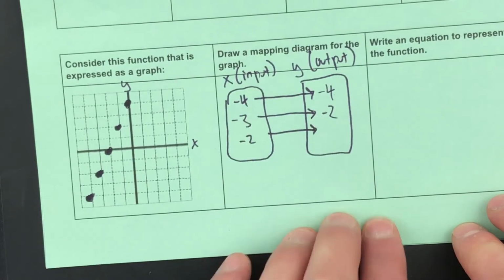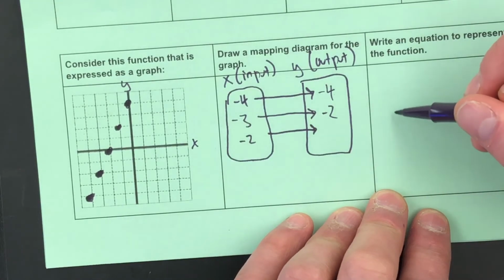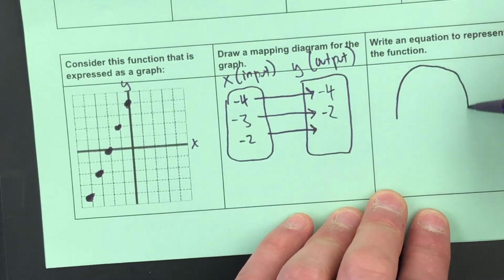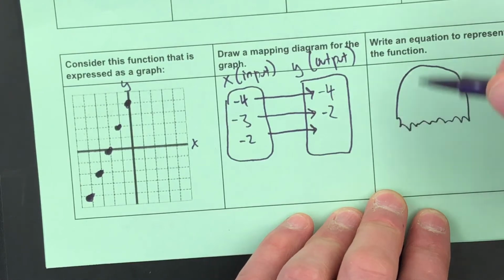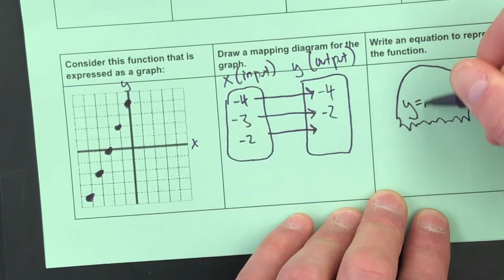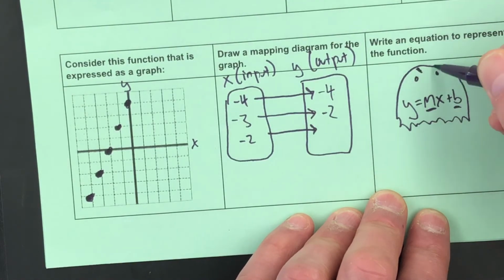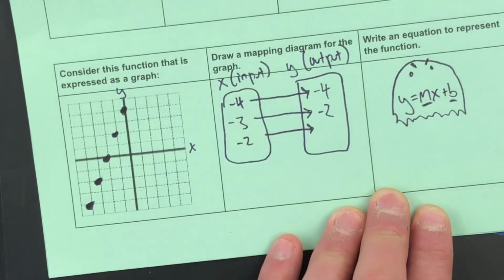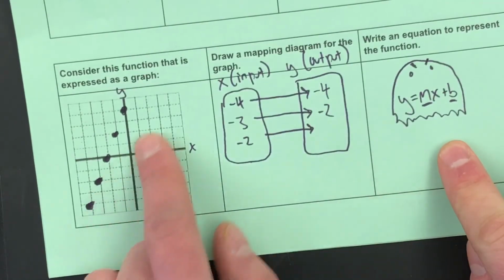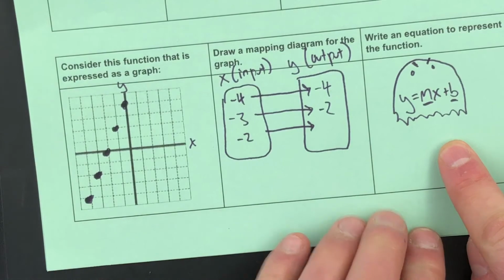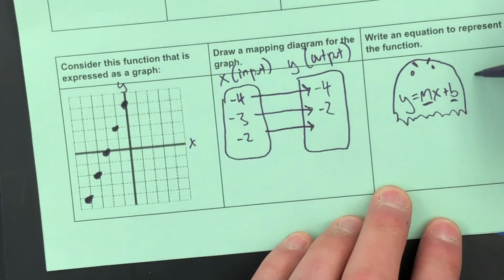Writing an equation to represent the function, well, this is just straight up ghost of 8th grade math. I told y'all that it wasn't going away, and it doesn't. That's a line. It's a linear equation. I'll make it an angry ghost. It's a linear equation. That's all it is. I can write this linear equation to represent the function. The m, or the slope, would be rise over run.